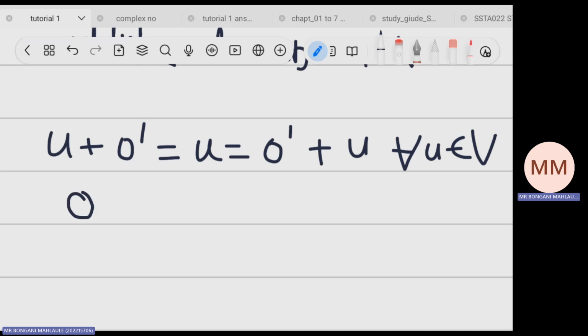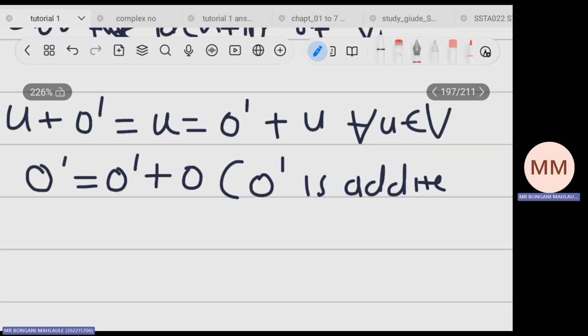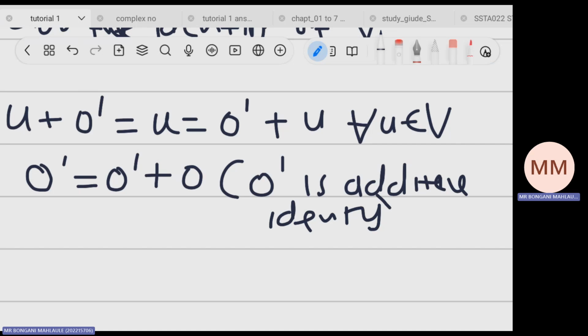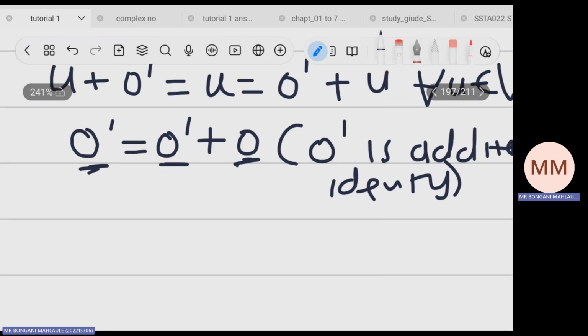Now 0 prime, we can say that it will be equal to 0 prime plus 0. Reason: we say 0 prime is an additive identity, meaning that whenever you add it with 0, you will still get that identity 0 prime.